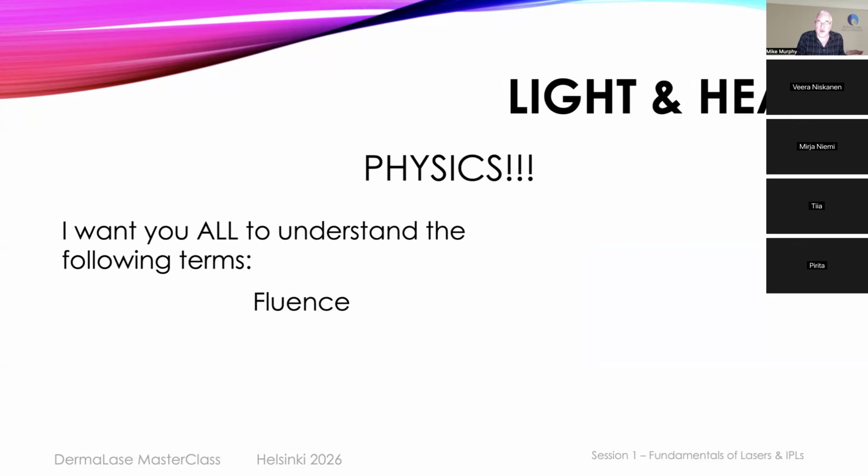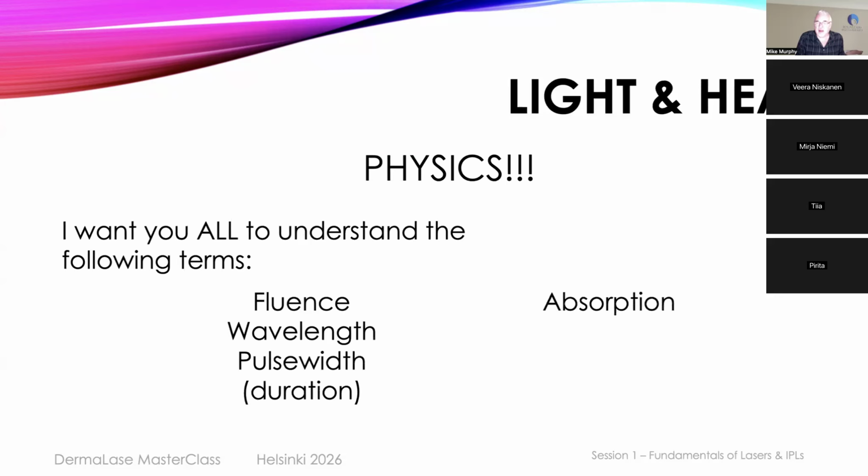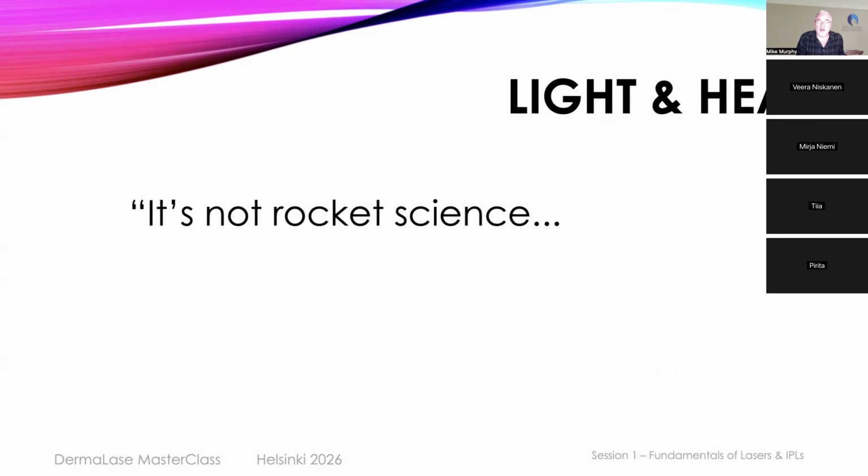Fluence is one of the most important things. Wavelength, obviously, pulse width or pulse duration, and then other things like absorption, scattering, and backscattering. If you understand all these basic terms and the principles behind them, then you will have a much greater understanding of what's actually happening in tissues. All right, so we're going to go through all that this morning.